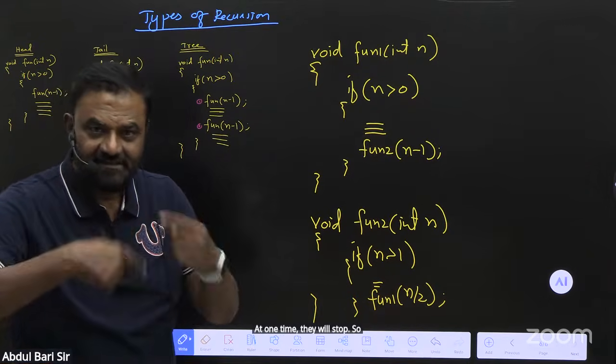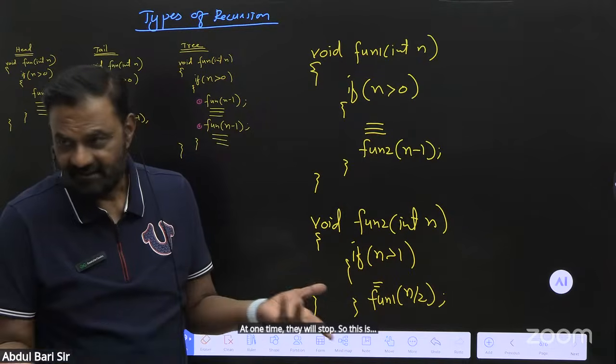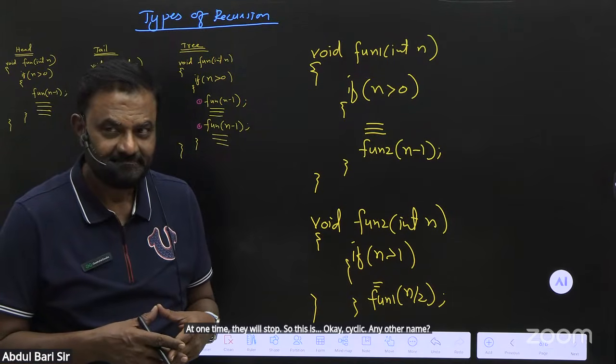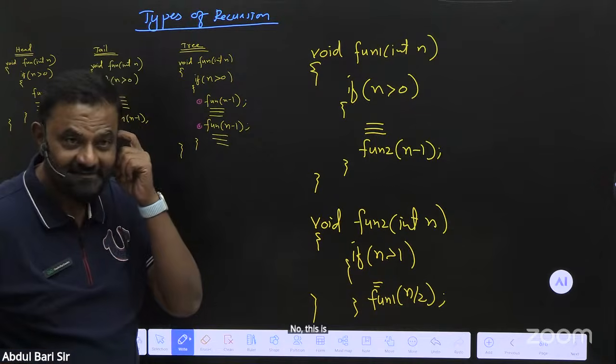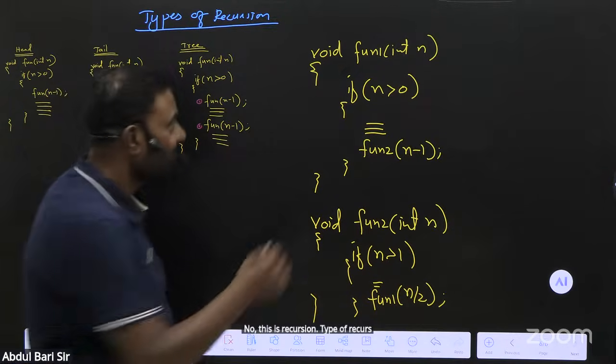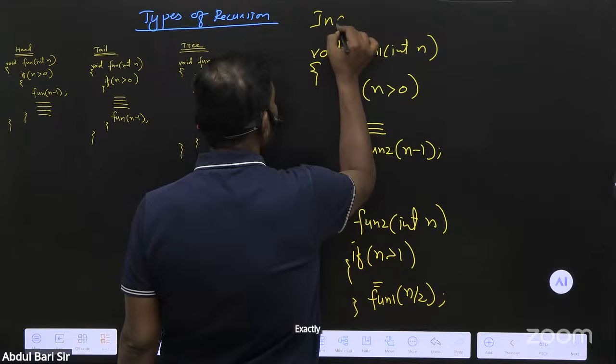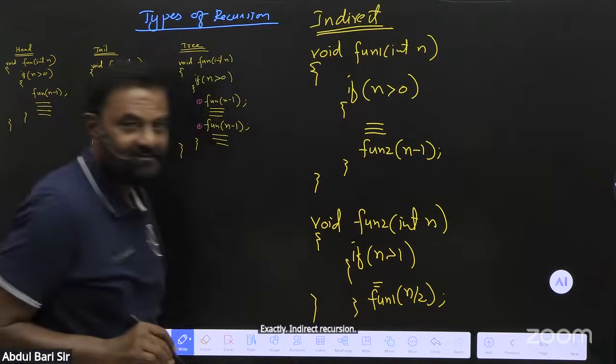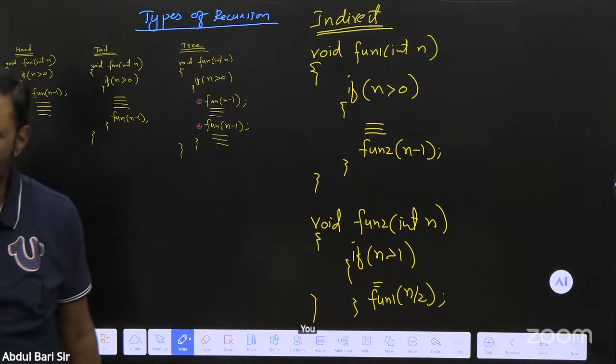So this is, cyclic. Any other name? No, this is a type of recursion. Exactly. Indirect recursion. You can say cycle also.